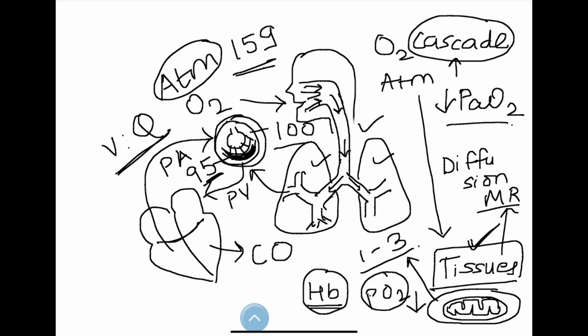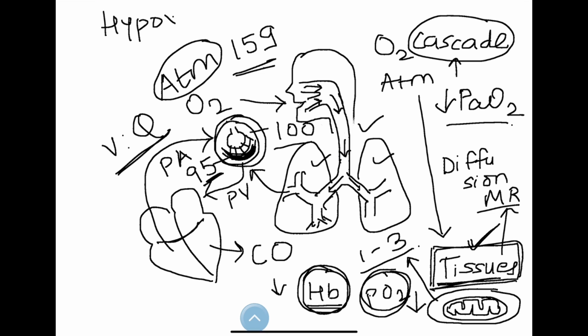So, any disease process that reduces the oxygenated blood from reaching the tissues, or even an altered hemoglobin that has a reduced oxygen carrying capacity, can also cause hypoxia. And finally, if everything else is normal, but the tissue is unable to utilize the oxygen, it can lead to hypoxia.